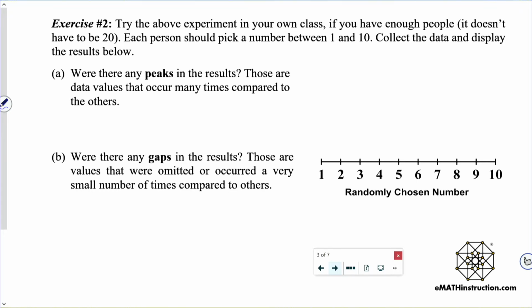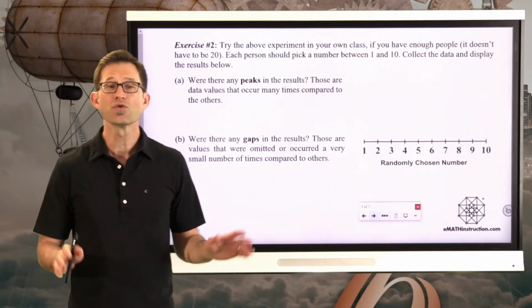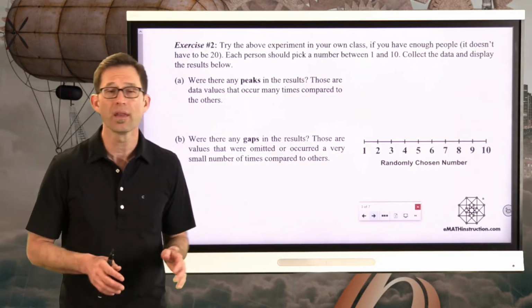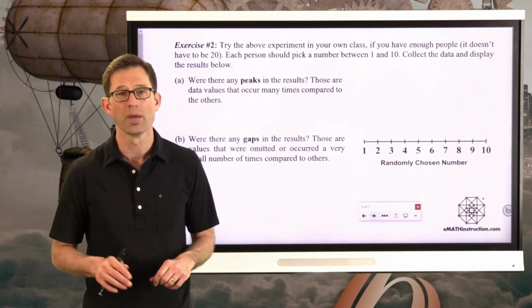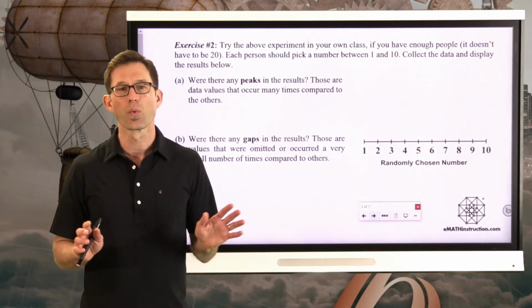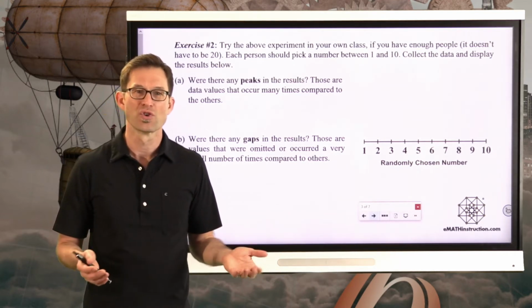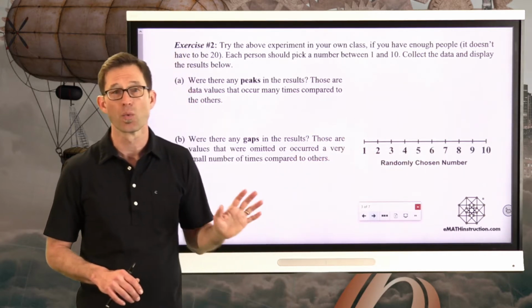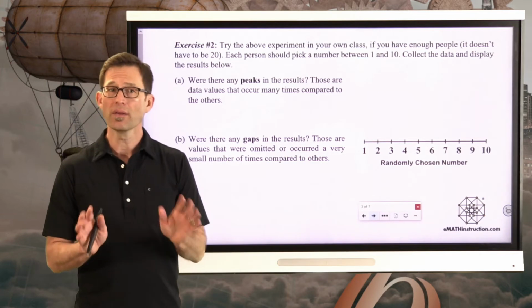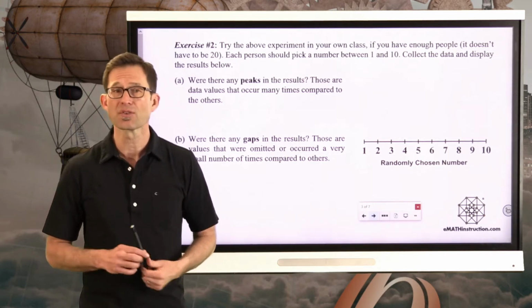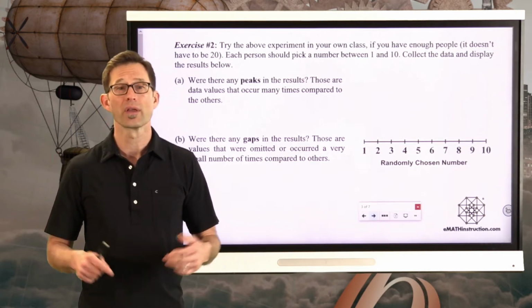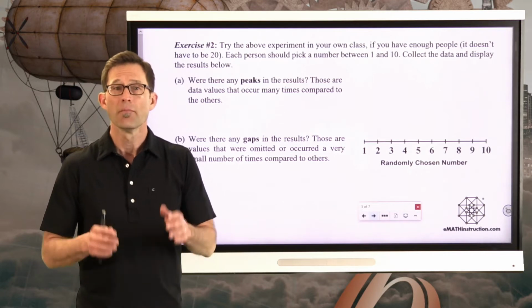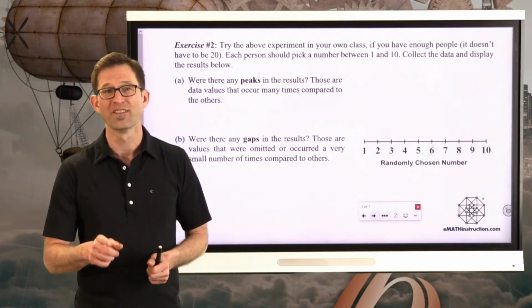All right, so let's back out of this for a second. This is really kind of a fun experiment. And it doesn't matter whether you have 10 people or 20 people or 30 people, although it does work better with a larger number of people, because if you only have 10 or 9 or 8 or something, it doesn't work nearly as well. So what I'd like you to do is pause the video now. This is going to actually take a little while. If you're working in a classroom of 6th graders, pause the video right now, especially if you're the teacher.